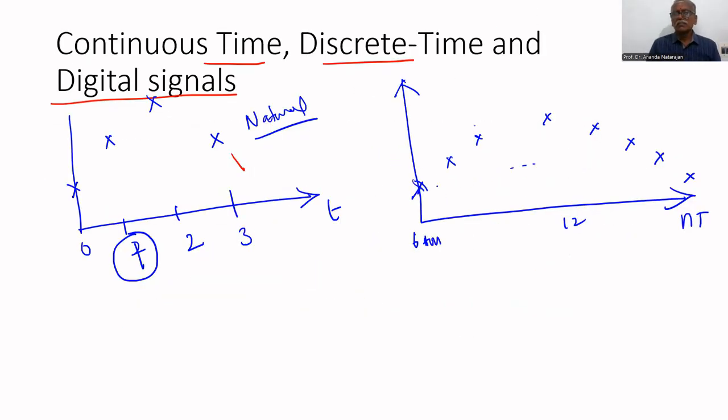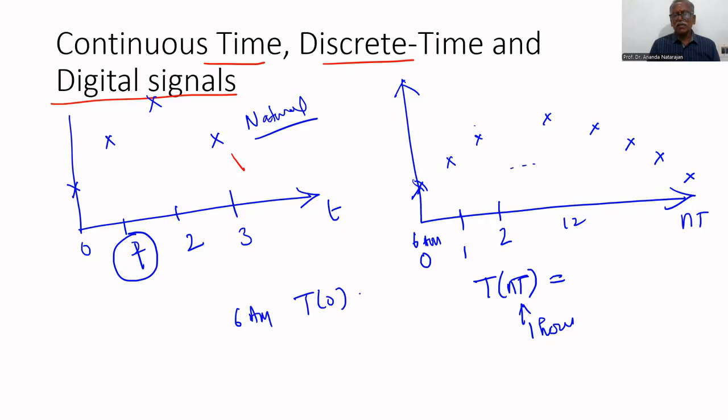So the temperature is available at n equal to 0, 1, 2, 3, etc., where T equals 1 hour. When n equals 0, we have T of 0, which is at 6 a.m. At 7 o'clock, n equals 1 and T equals 1 hour.